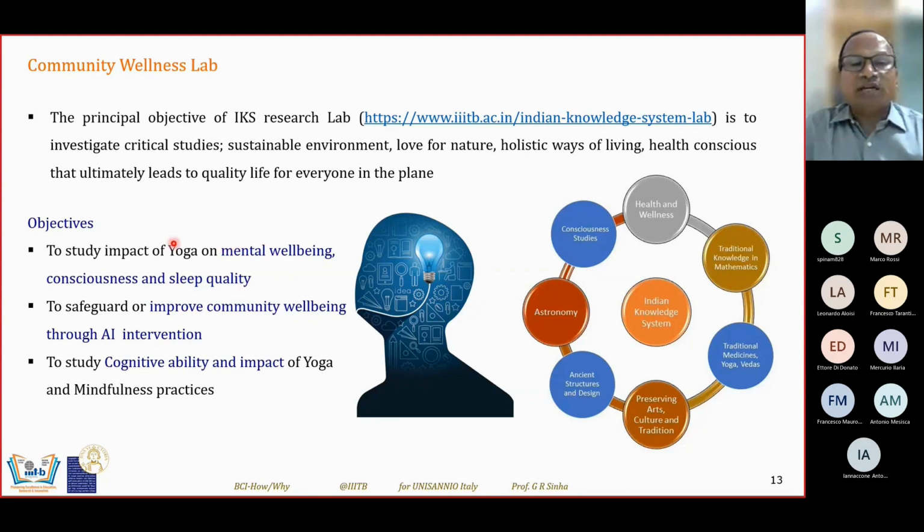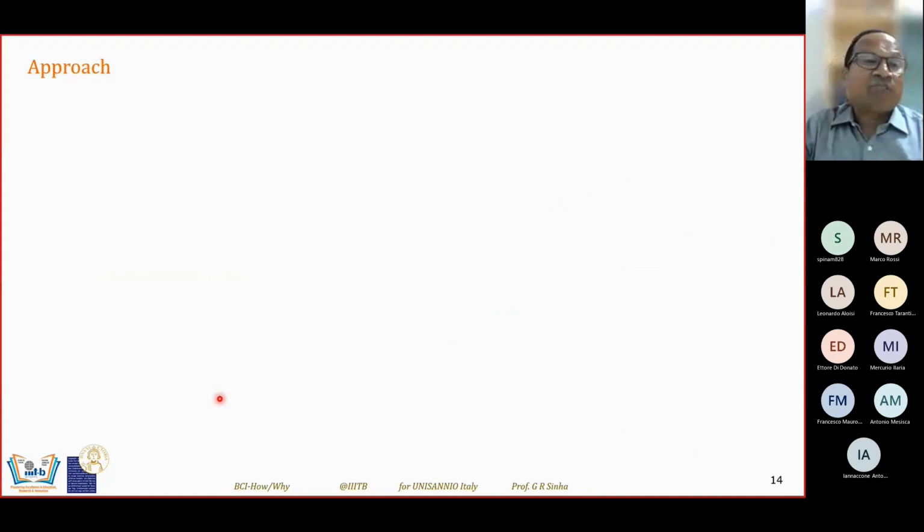We are trying to get that data and understand how yoga impacts mental well-being, meditation, and the quality of sleep, and to safeguard or improve community well-being through AI. If we are using AI, does it augment the performance of the study of yoga, and the study of cognitive ability and the impact of yoga and mindfulness practices like meditation? I hope all of you understand meditation as well.